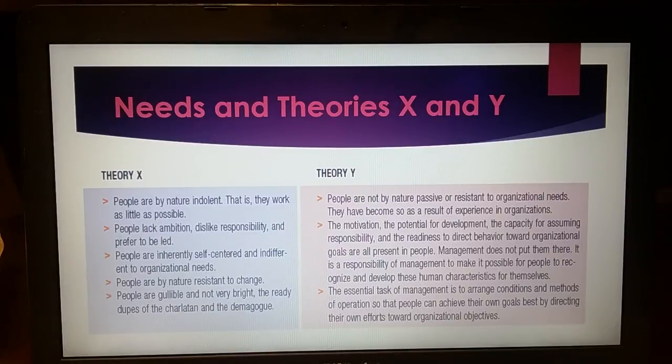Theory X is that people are lazy. Theory Y says no, people aren't lazy. People really do have this internal need to succeed and create things and be successful, and the only reason that they're not is because they've had bad experiences with management. And so until management gives people an opportunity to excel, they're not going to excel.